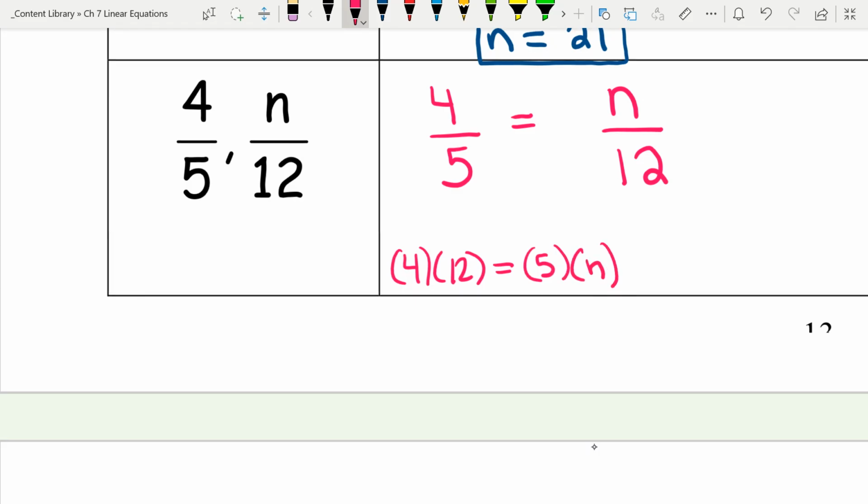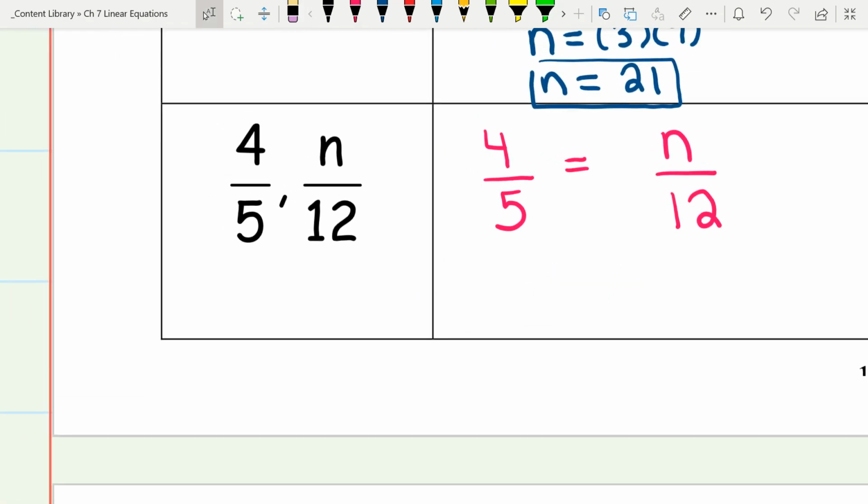Is that where you guys were kind of thinking that's what cross multiply would look like? It's not wrong, but technically, can I just multiply the 12 across and be done in one step? And is that the same thing as just multiplying both sides by 12?